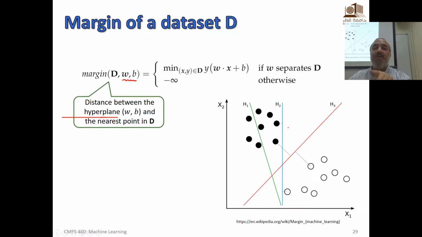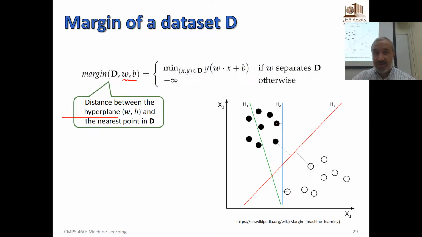Now we can compute the margin of that model with the data. What is the definition of the margin of that model with the data? It is the distance between the hyperplane. The model is a hyperplane, right? It's the distance between the hyperplane and the nearest point. Where is the nearest point to H2? Is it this point? Is it this point?